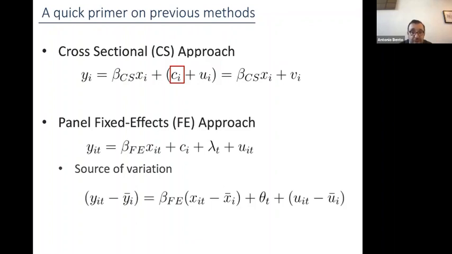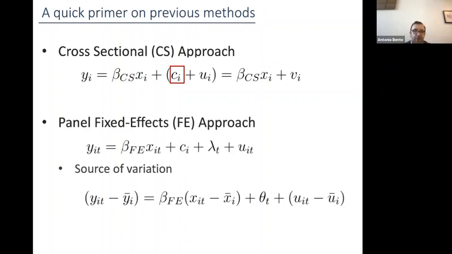And so if there was no such bias, the coefficient of interest would be a beta cross-section, which would measure the long-term impacts of climate on the outcome variable y.